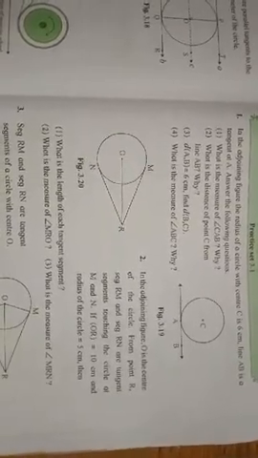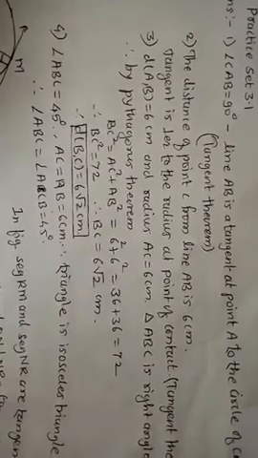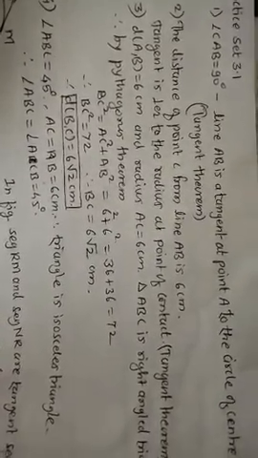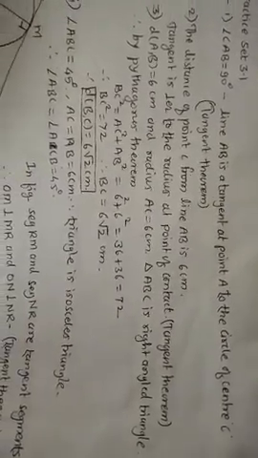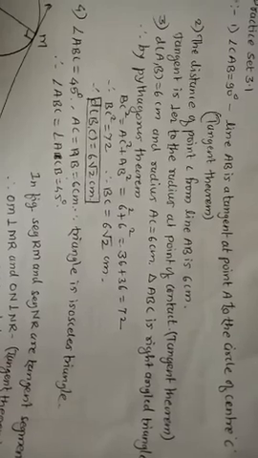Now we solve this example like this. For the first question, angle CAB is equal to 90 degrees because line AB is a tangent at point A to the circle with center C, by the tangent theorem. What is the tangent theorem?